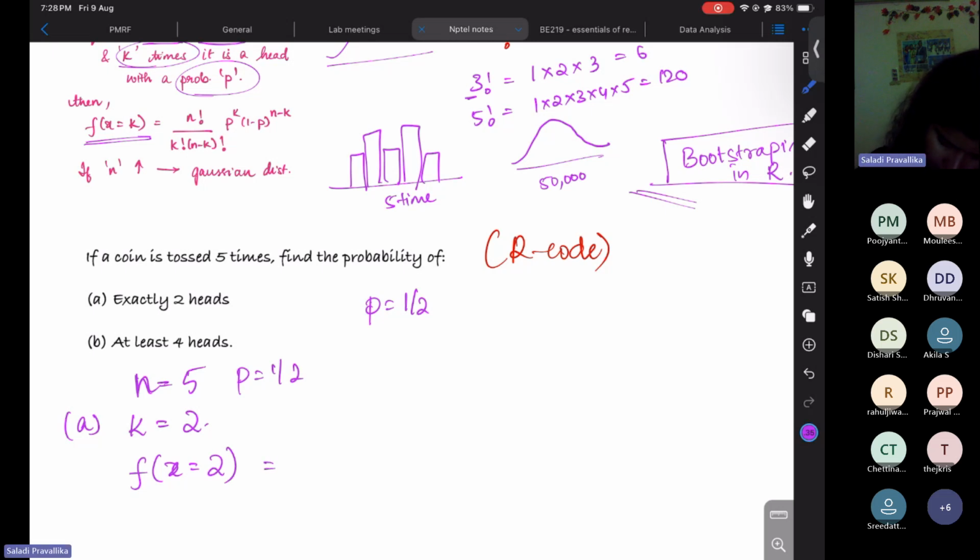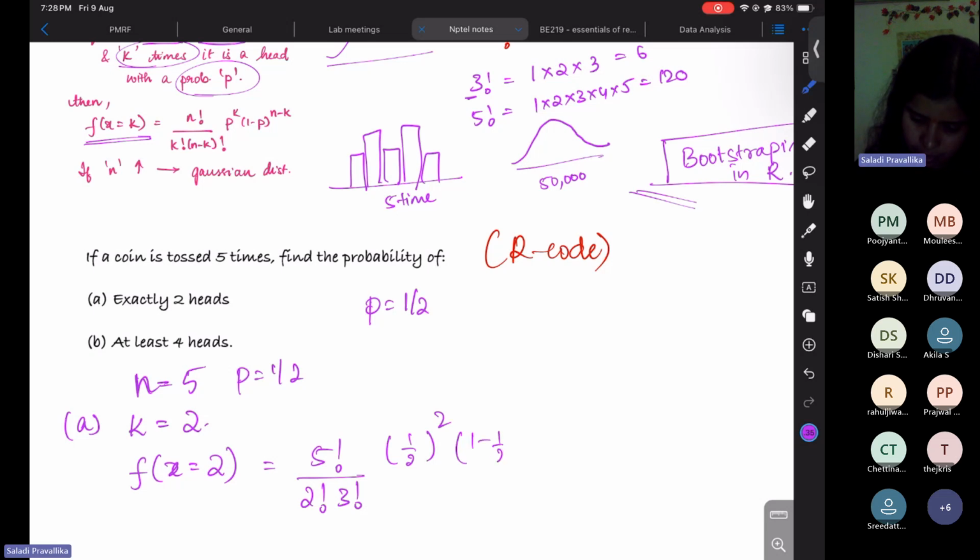It is equal to n factorial, 5 factorial, divided by k factorial, 2 factorial, into n minus k, that is 3 factorial, into p, that is 1 by 2 power k, into 1 minus 1 by 2 power n minus k, that is q, right?